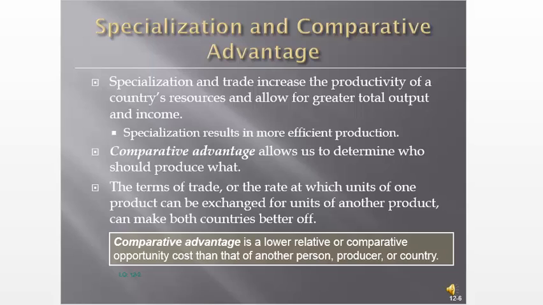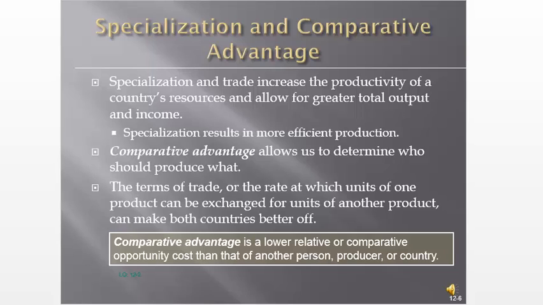If you may recall, comparative advantage is a lower relative or comparative opportunity cost than that of another person, producer, or country. The terms of trade, or the rate at which units of one product can be exchanged for units of another product, can make both countries better off.